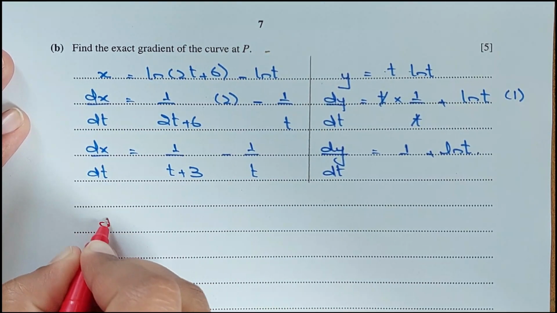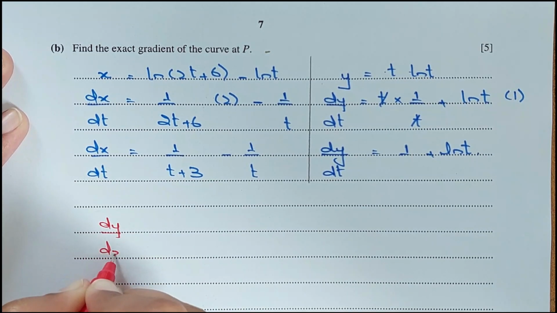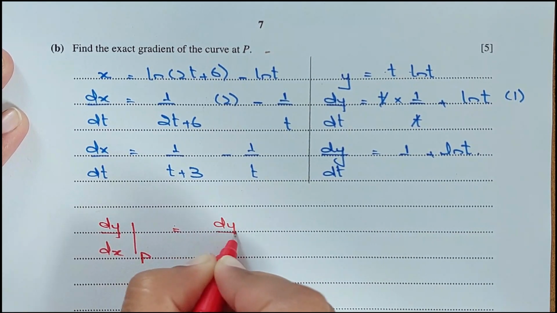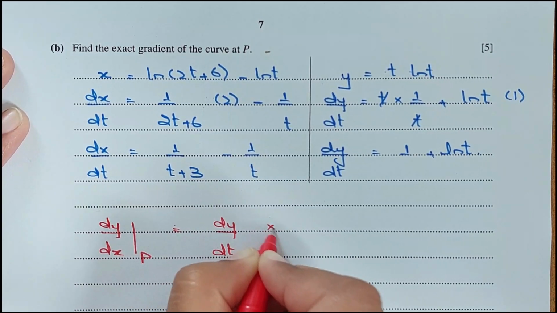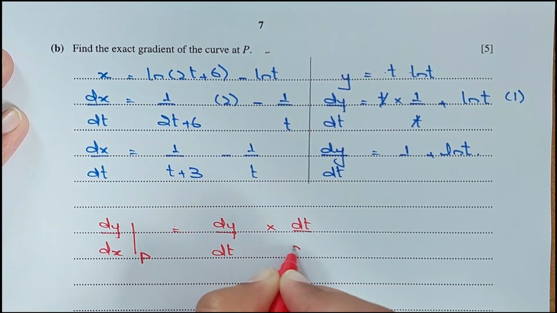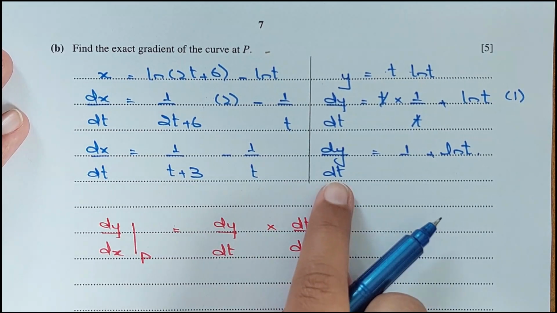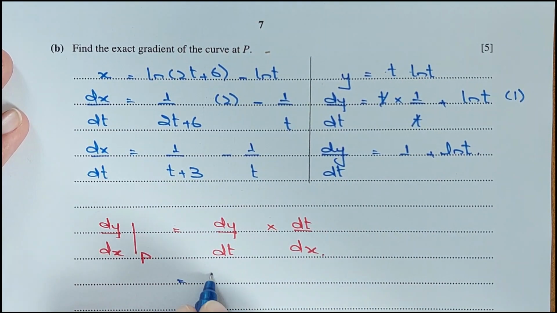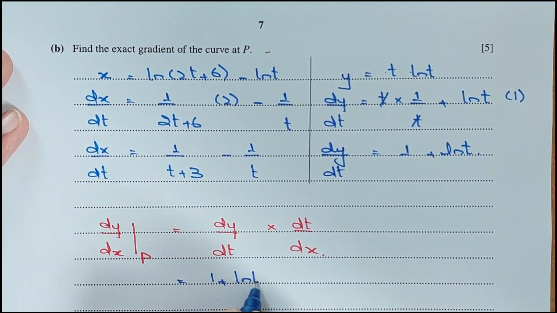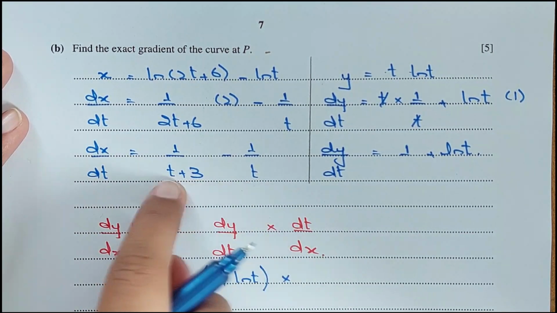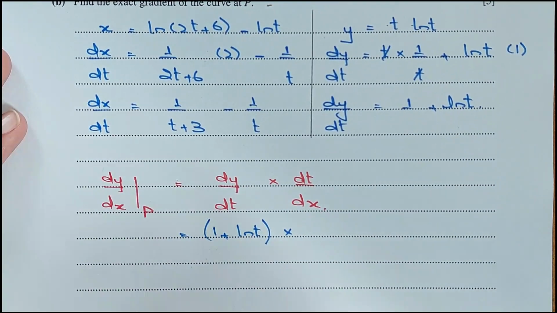So we can say dy over dx at P is dy over dt times dt over dx, right? Okay, dy over dt is 1 plus natural log of t times dt over dx. We have to take the reciprocal of this.